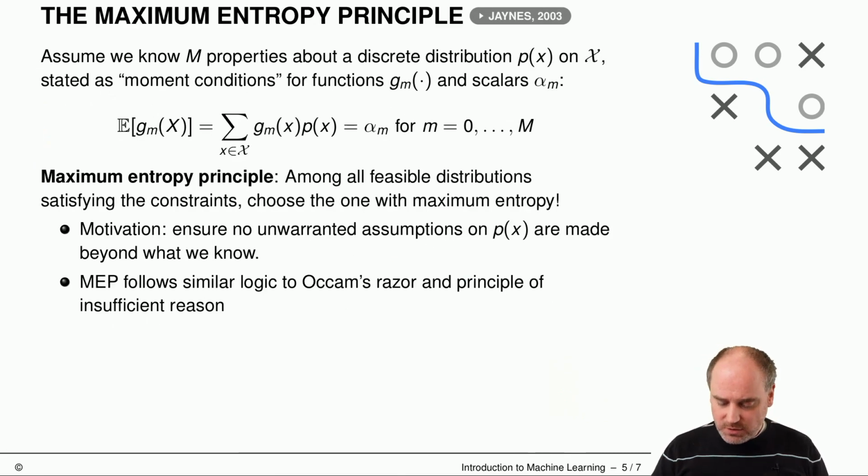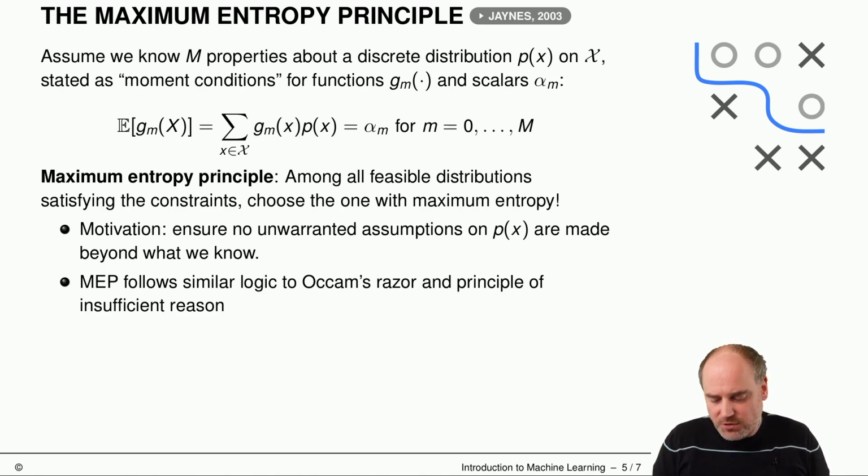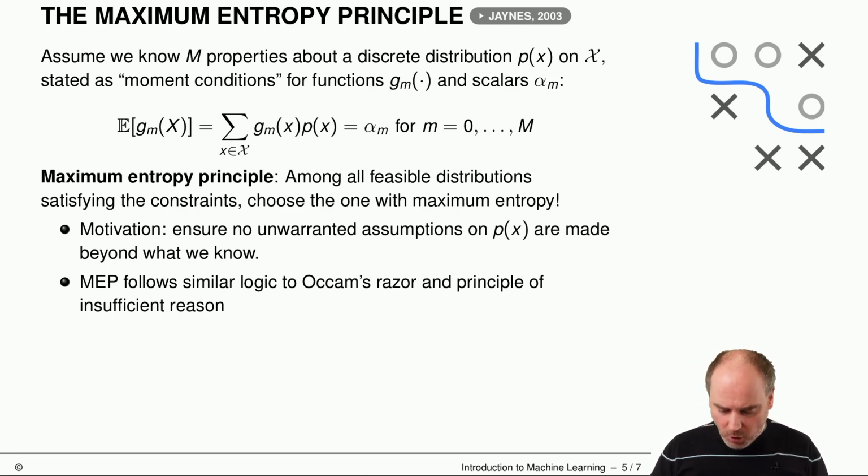That's pretty nice. So I want to finish now with the also quite important principle of maximum entropy. This is a principle of deriving a distribution under certain assumptions of the distribution.